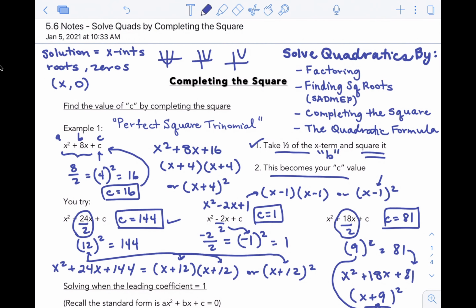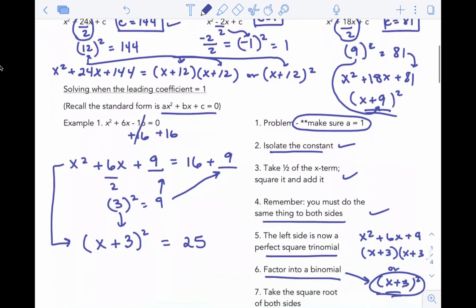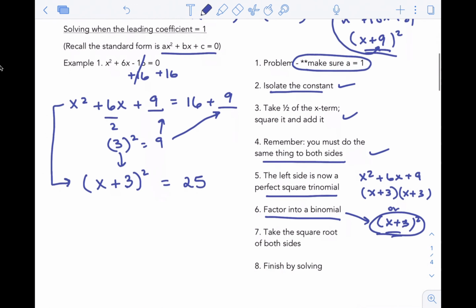What you did is you did this process where you converted it and you made it SADMAPable. That is not a word, but we're going to say it's a word. So by completing the square, you chose not to factor and instead to manipulate your problem to where you were able to solve it by finding a square root. So that's exactly what you finished doing.